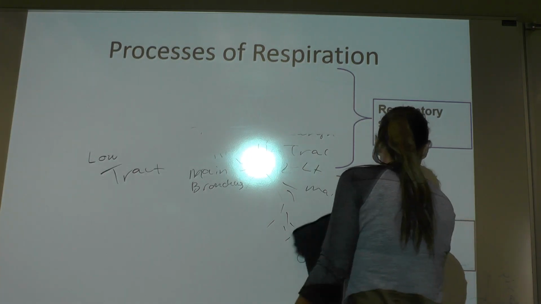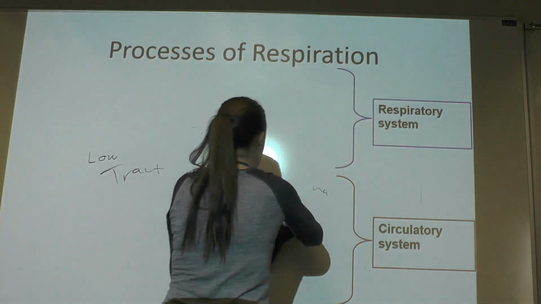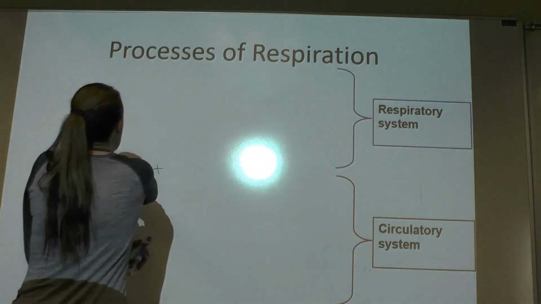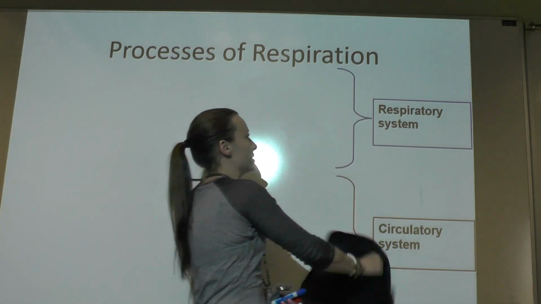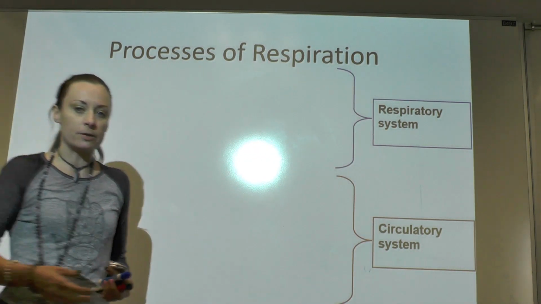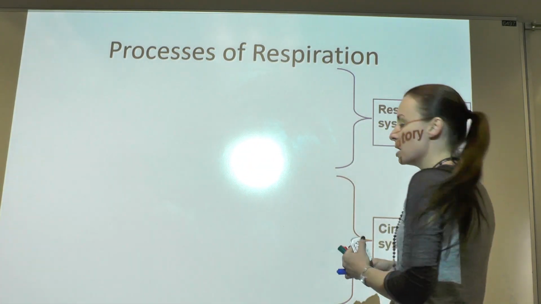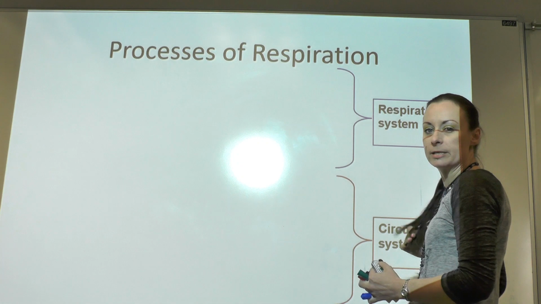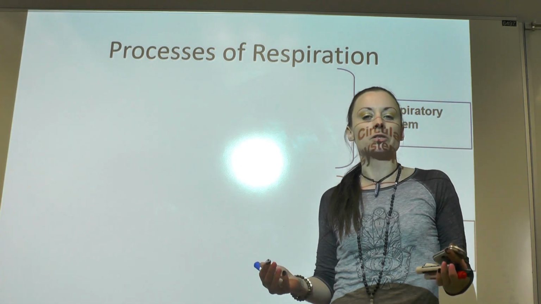The respiratory system and the cardiovascular system work together to serve your tissues with oxygen. So there are actually 4 processes involved in respiration, 2 that are handled by the respiratory system and 2 that are handled by the circulatory system. So if we think about respiration, it's actually a 4-part process. Most people think of respiration as just breathing.